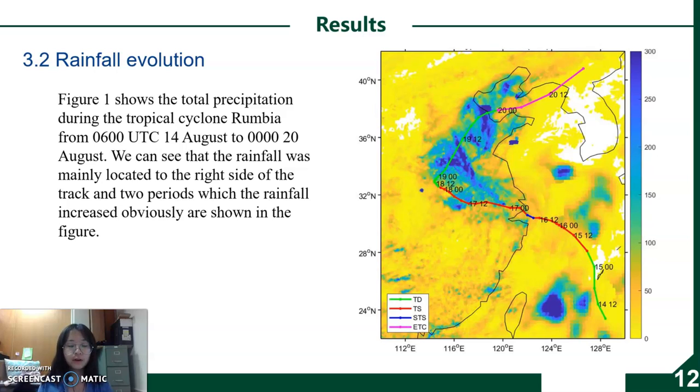The second part of the results is the rainfall evolution. Figure 1 also shows the total precipitation in shading during the period of tropical cyclone Rambia.